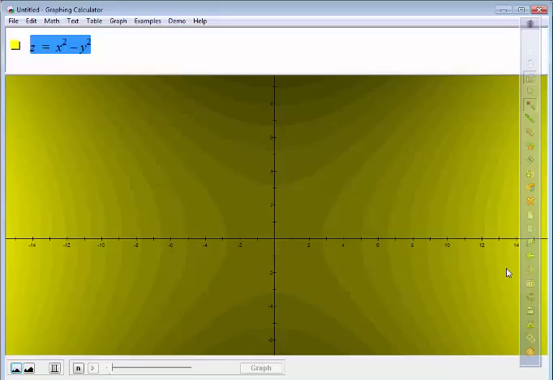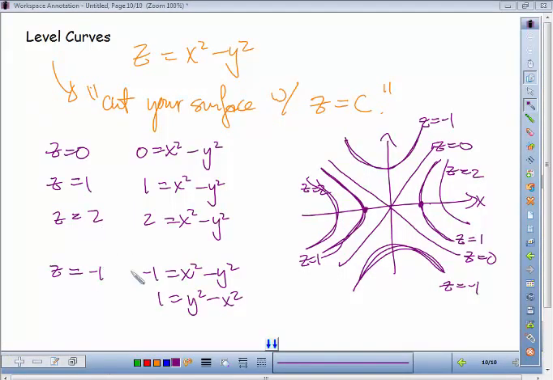If you have a three-dimensional graph, z is equal to something, I might be asking for level curves, what happens at this level or what happens in all levels, and then you have to come up with a contour plot, which means you have to be comfortable with the conic sections, because a lot of the results you get after you let z equal to something will look like your conic sections. I mean, a lot of them will look a little bit more complicated, but most of them will look like your conic sections. All right?